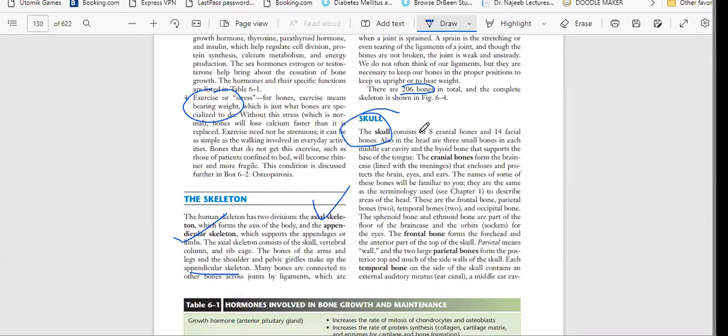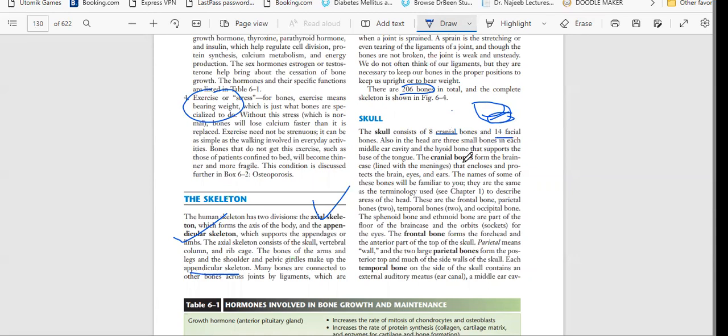How many bones does the skull have? Basically, the skull has two parts: the cranium and the face. In the cranium we have 8 bones, and in the face we have 14 bones.